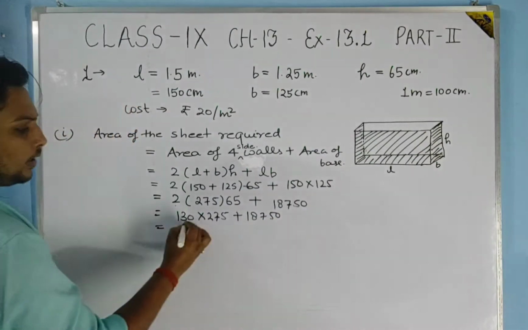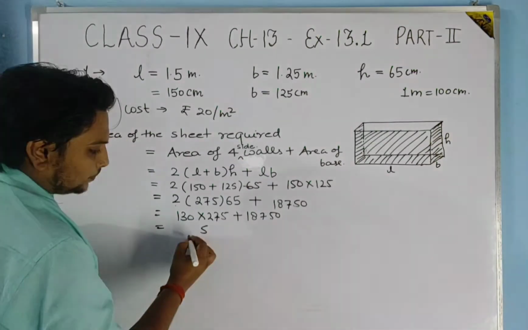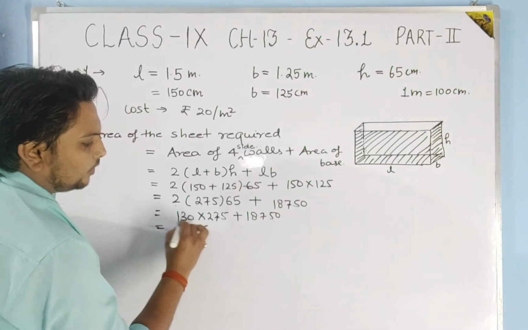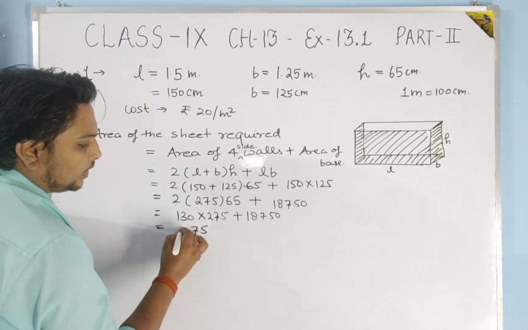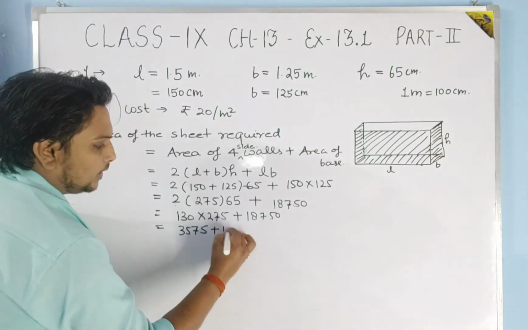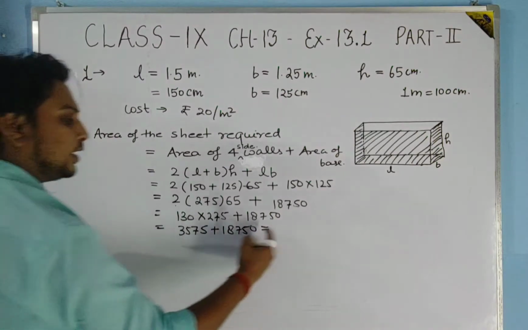You have to multiply it. 13 5s are 65, 13 7s are 91 and 91 and 6 is 97, 13 2s are 26, 26 and 9 is 35. So 3575, plus 18,750. Just add these two.